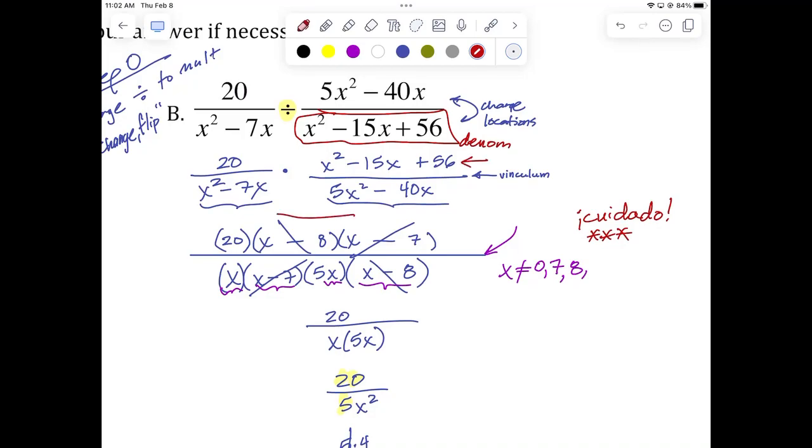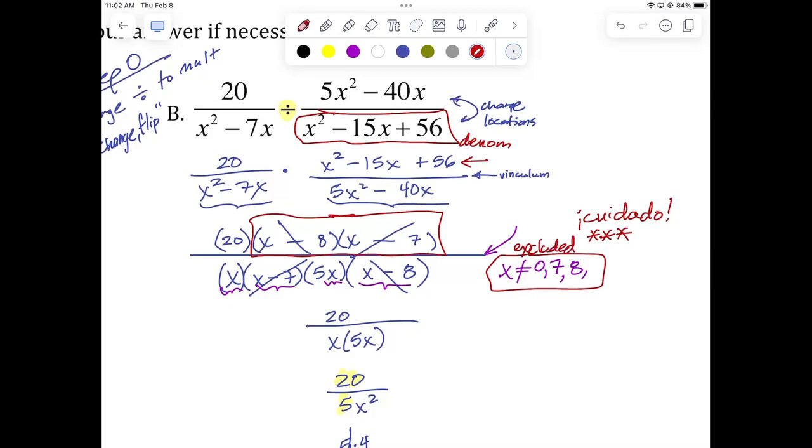So I have to look at these two factors as well. They used to be in the denominator. What values make those 0? 8 and 7. Do we already have them omitted? Yes, but could that have been another factor that we didn't omit? Yeah, so you have to make your original denominators find the taboo values, and your new denominators, you have to find the taboo values. So here are the taboo values or the excluded values.